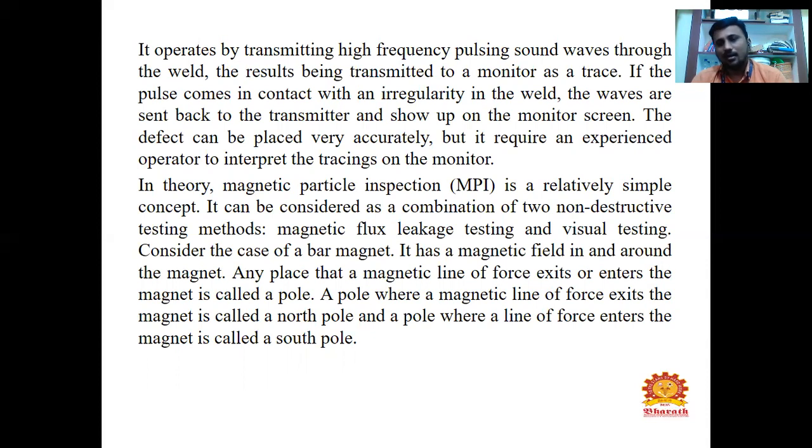Now we need to find which one is the north pole and which is the south pole. A pole where the magnetic lines of force exit is called the north pole. When the lines of force enter, it is called the south pole. These are the major important points in MPI.